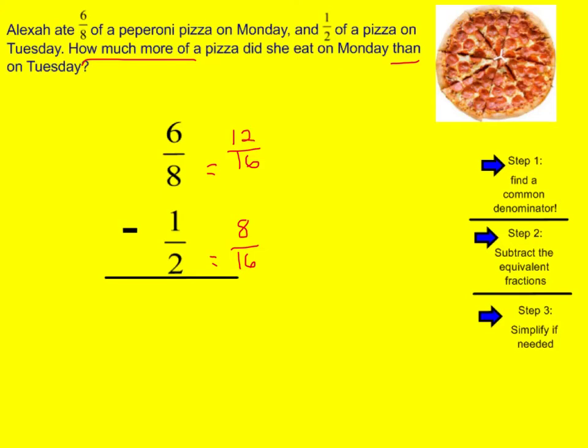And then you would have subtracted, and you would have had 12 minus 8 is 4, and that would have been 4/16. You can simplify 4/16 and still get 1/4. See, you're still going to get the same answer if you have a different denominator, as long as you do the steps correctly. Either way, 1/4 of a pizza is how much more she had on Monday than on Tuesday.